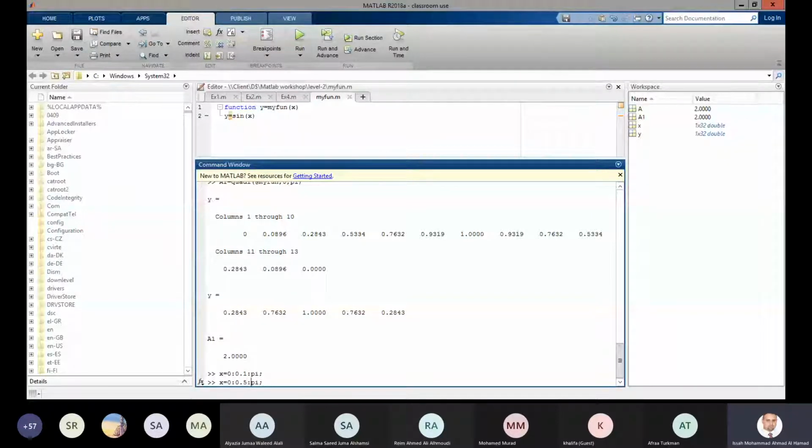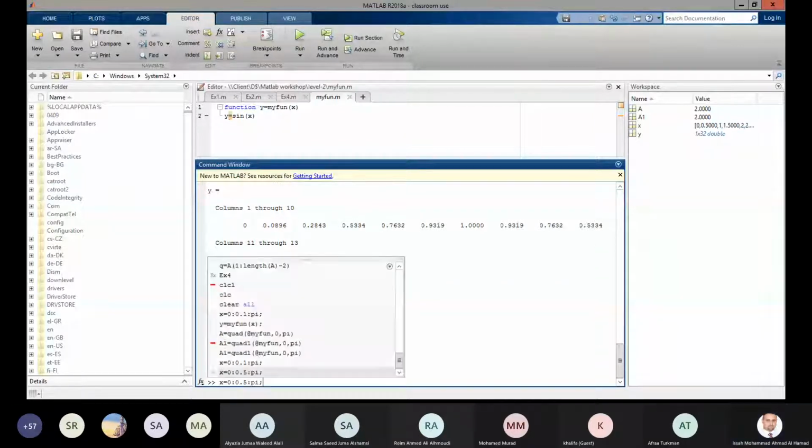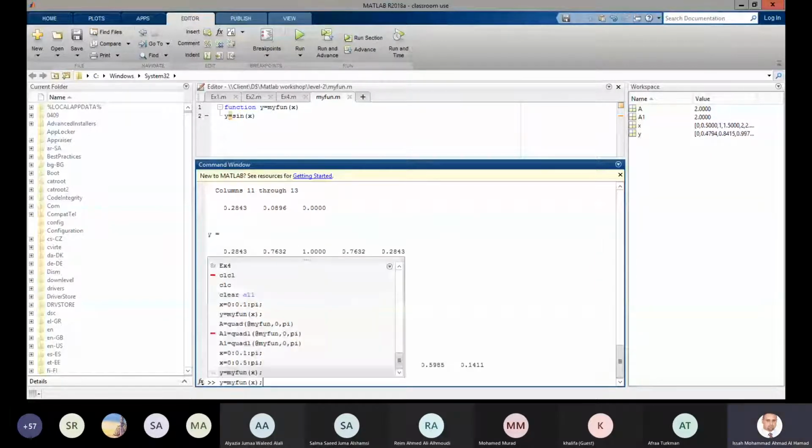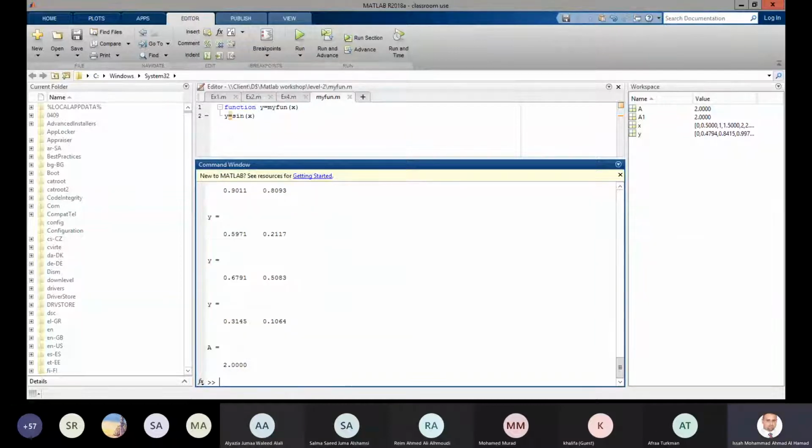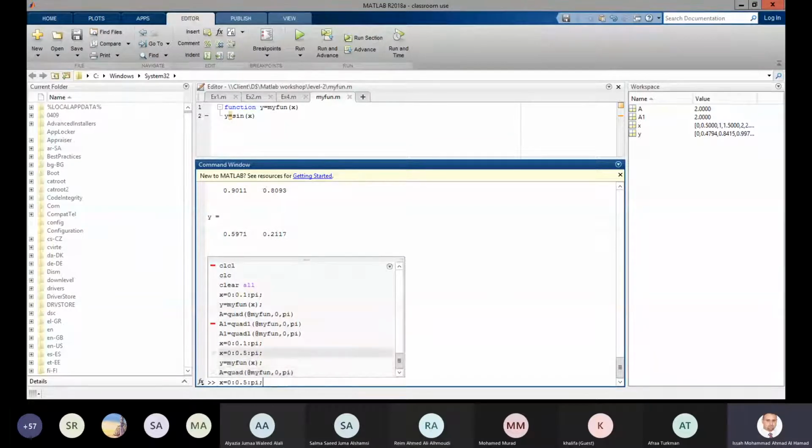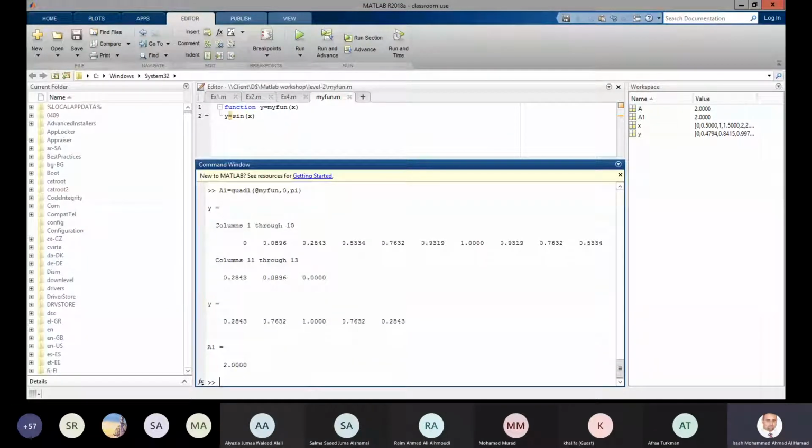And let's see what happens if you increase. So it is still 2. I can use quad L. Again, it is also 2. So both of them are giving the same answer.